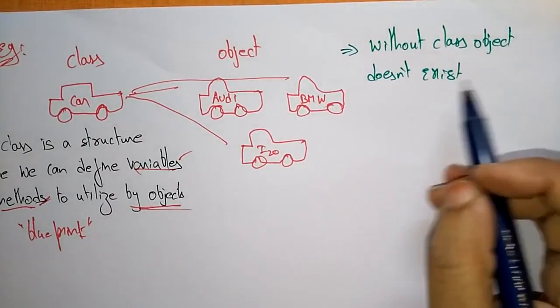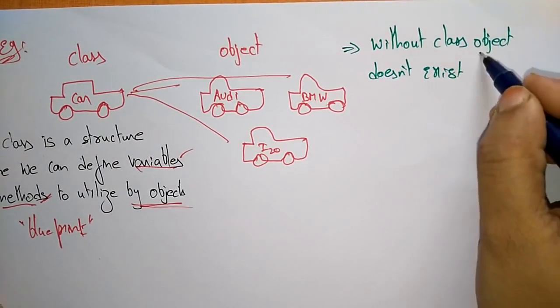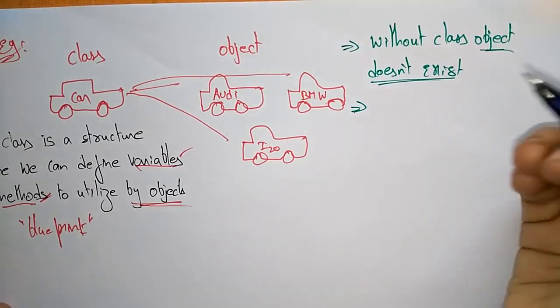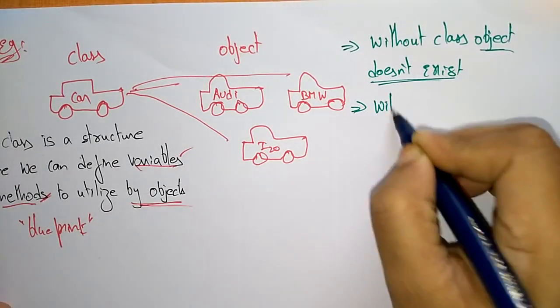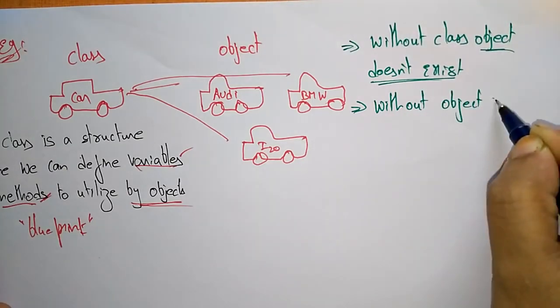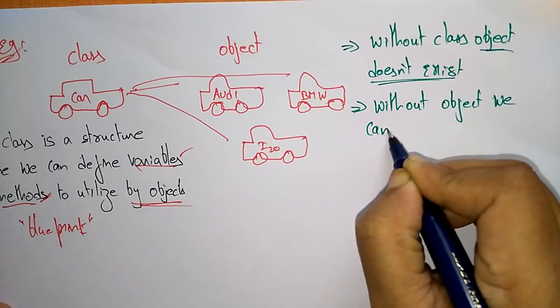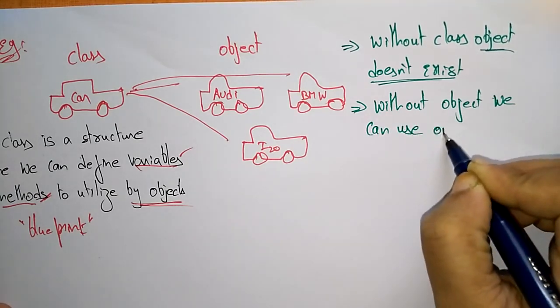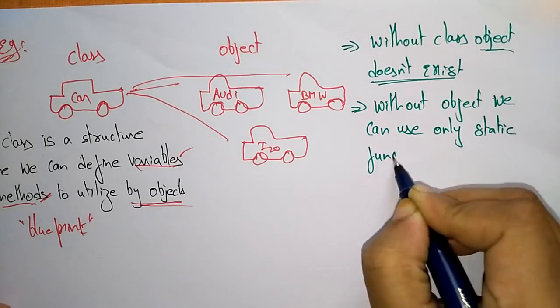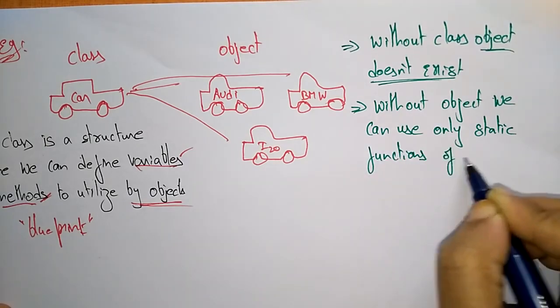Okay, so without class, object does not exist. So in other way, without object we can use only static functions of class.